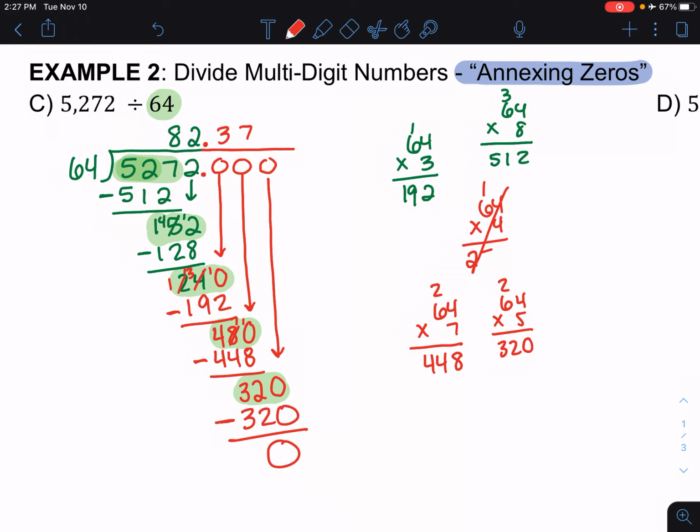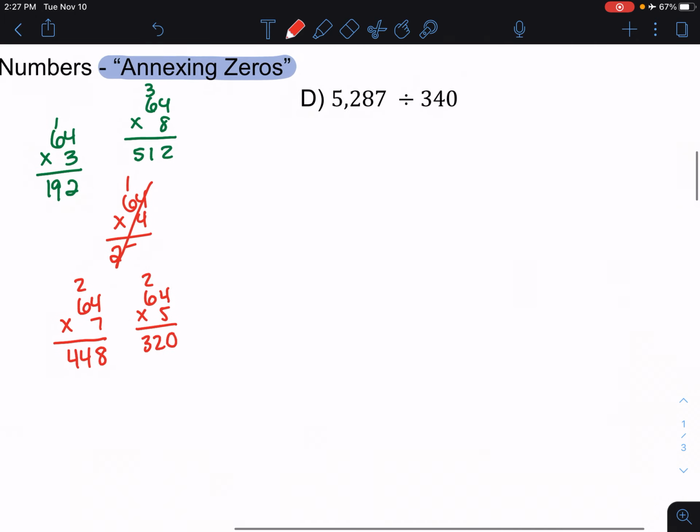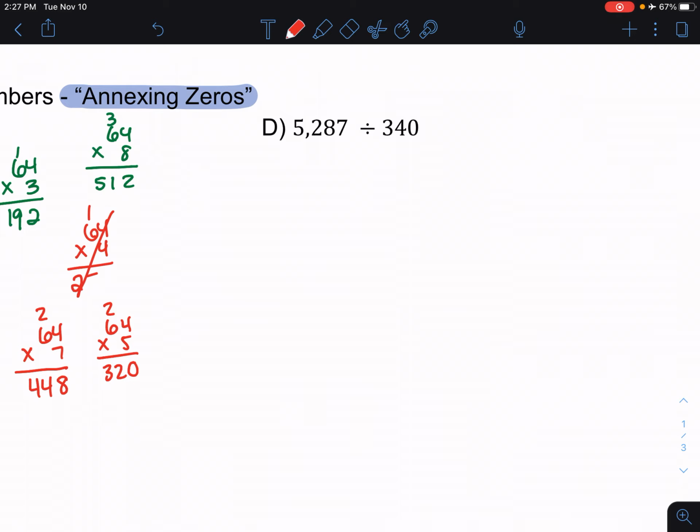When I subtract, I get that lovely 0 that I've been waiting for. So I'm going to have a 5 on top here. So 5,272 divided by 64 is 82.375. Again, this is called annexing zeros because I'm going beyond the last digit of the given dividend in order to get no remainder.